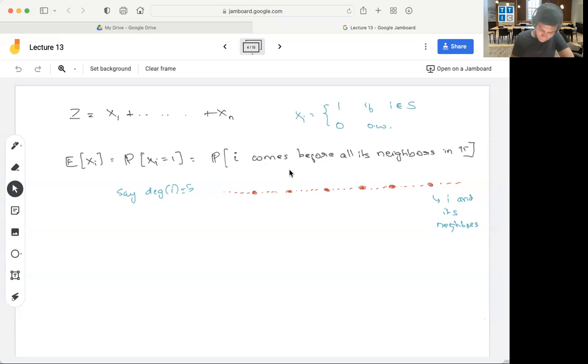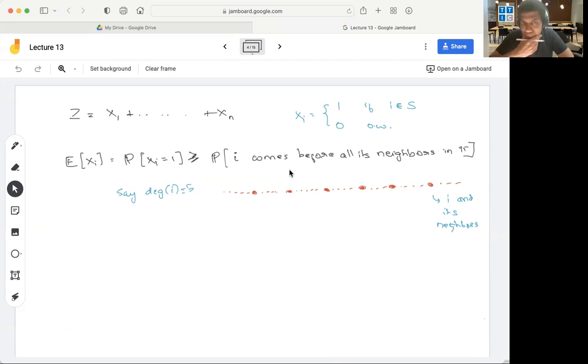Okay, actually, it's at least greater than or equal to. It can happen that we had this ordering, let's say this was I, its neighbor appeared before it in the ordering, but that neighbor was ruled out because of this vertex, and so then we did pick I. But if I appeared before all its neighbors, then nobody has had a chance to rule it out, and we are going to pick I for sure.